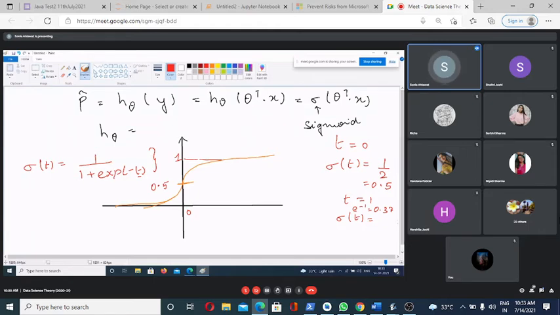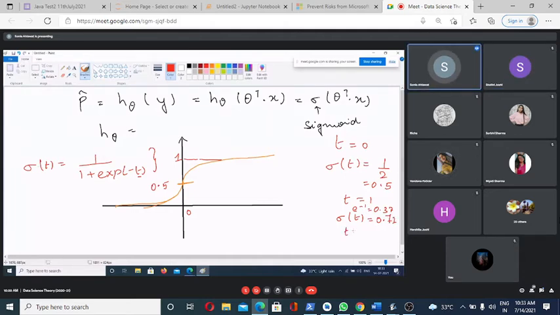1 divided by 1 plus 0.37, that will be equal to 1 by 1.37. It will be coming out to be 0 point something. 0.72. It is coming out to be 0.72.